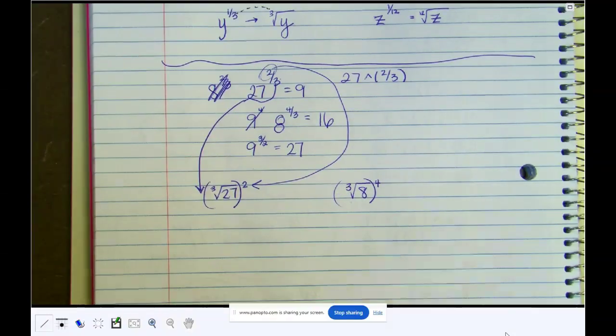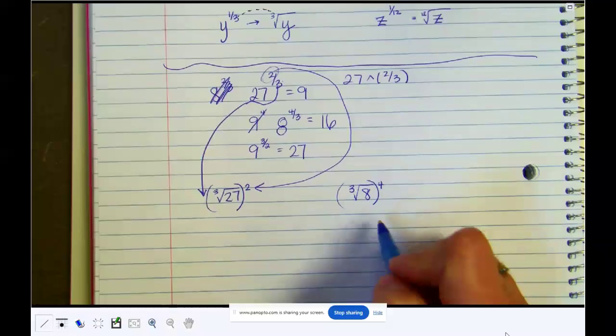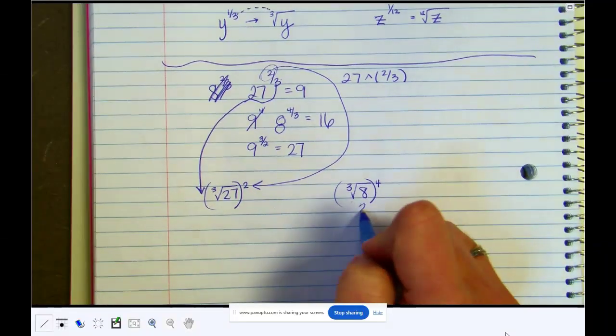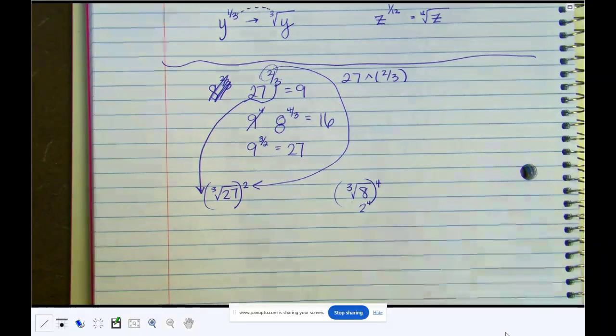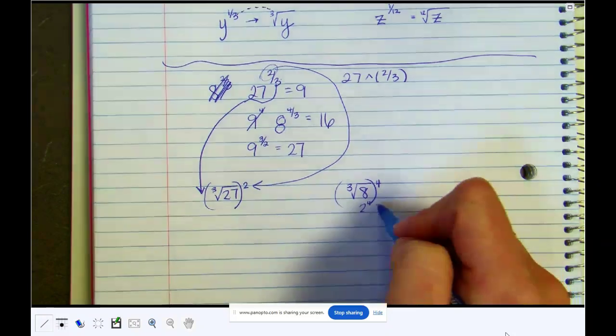It should be in your notes, it's at the very top. 2. And then 2 to the 4th is 2 times 2, which is 4, times 2, which is 8, times 2, which is 16. So 2 to the 4th is 16.